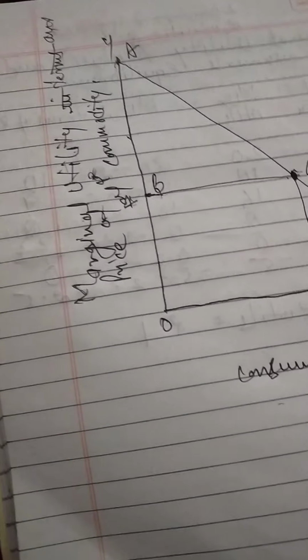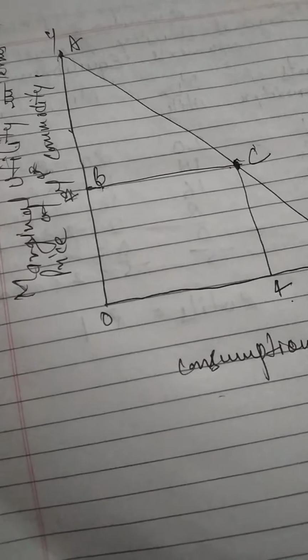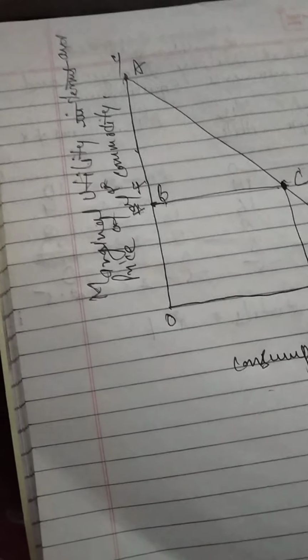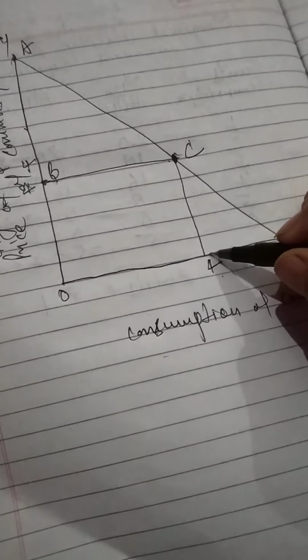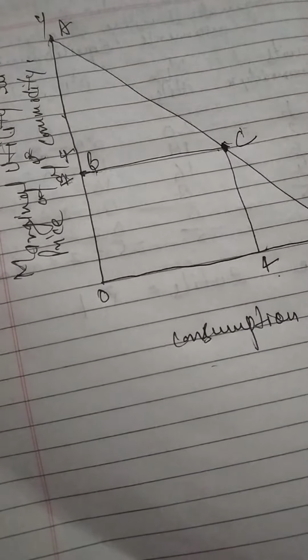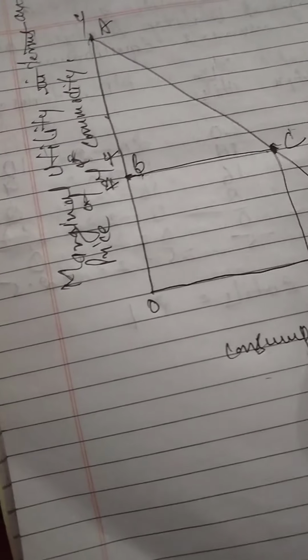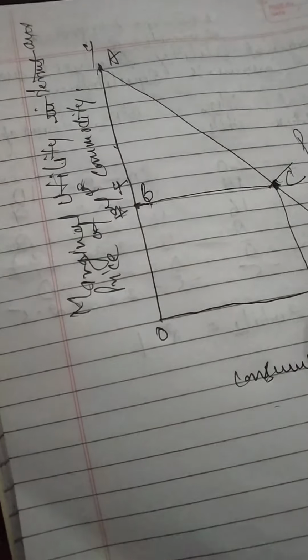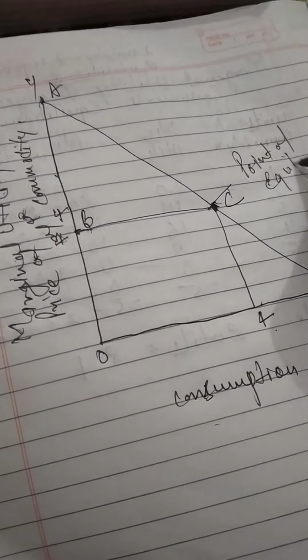And then when we start drawing the marginal utility curve, at the point where the price of the commodity is 4 and marginal utility is also 4, with the consumption of 4 units, we are in the position of equilibrium. This is the point of equilibrium.